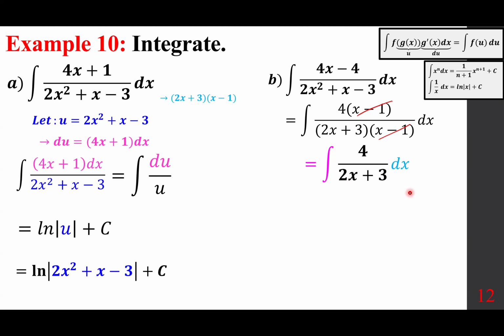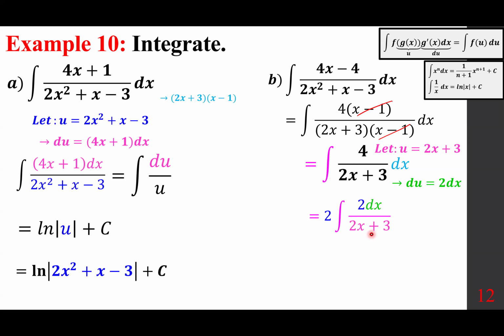Since we can't simplify it any further, the choice of u is the denominator, 2x plus 3. You know the derivative is 2. Therefore, du is 2 dx. Now, please understand, the numerator is 4 dx, but you want 2 dx. Big deal, it's 2 times 2. So you can say 2 times 2 dx over 2x plus 3.